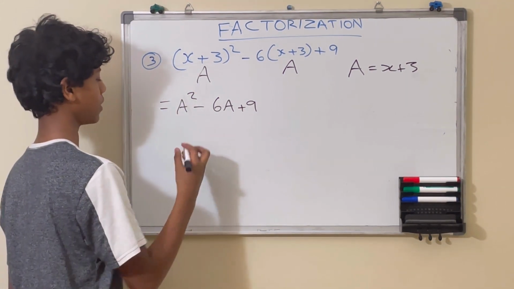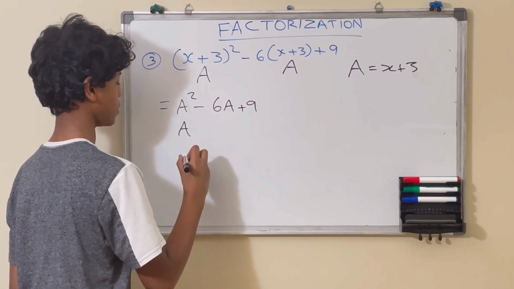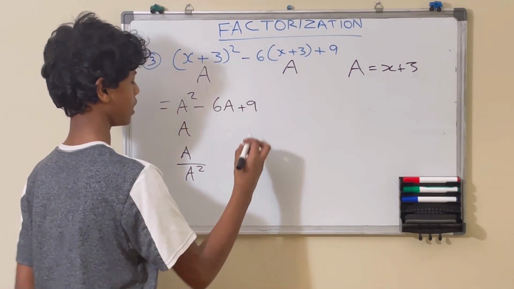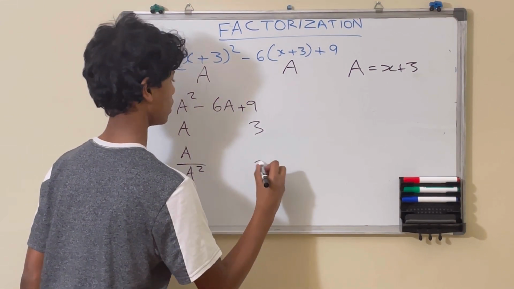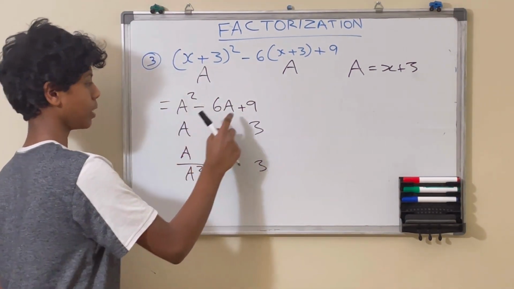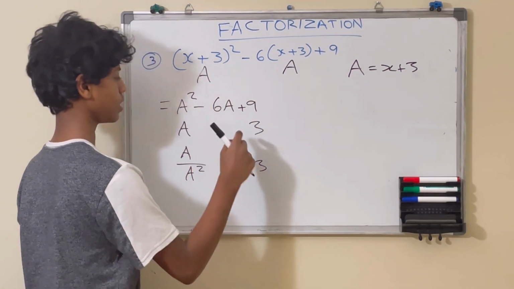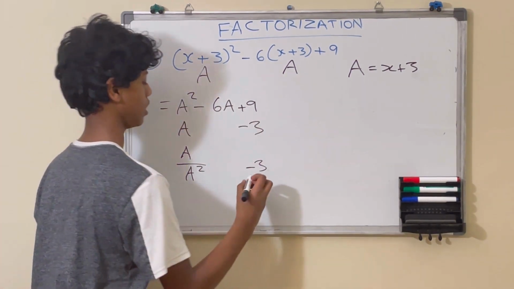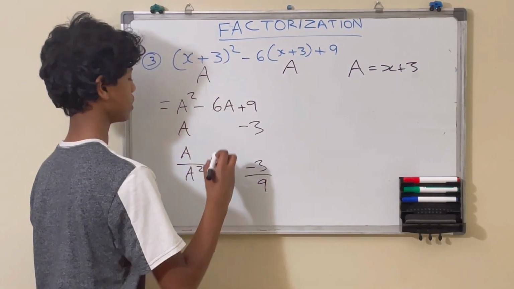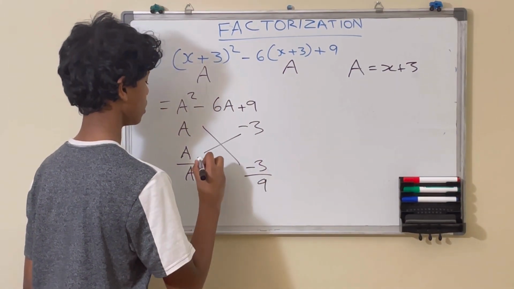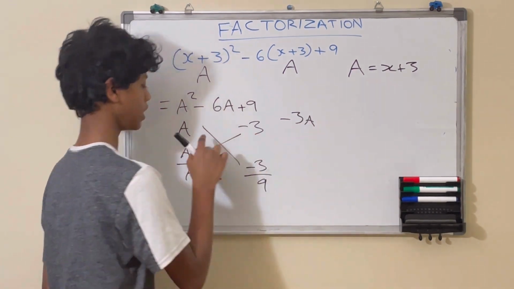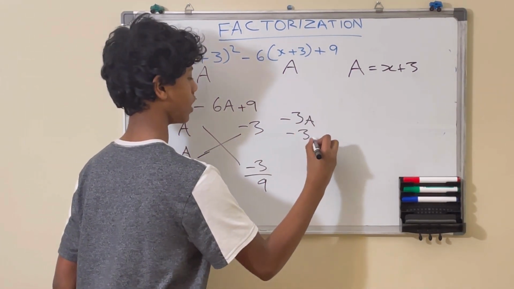So a squared can be divided into a times a, and that equals a squared. And then 9 can be divided into 3 and 3. Because we have a negative middle term and a positive 9, both of these have to be negative in order to get positive 9. When we cross multiply, a times negative 3 is negative 3a, and a times negative 3 is negative 3a.